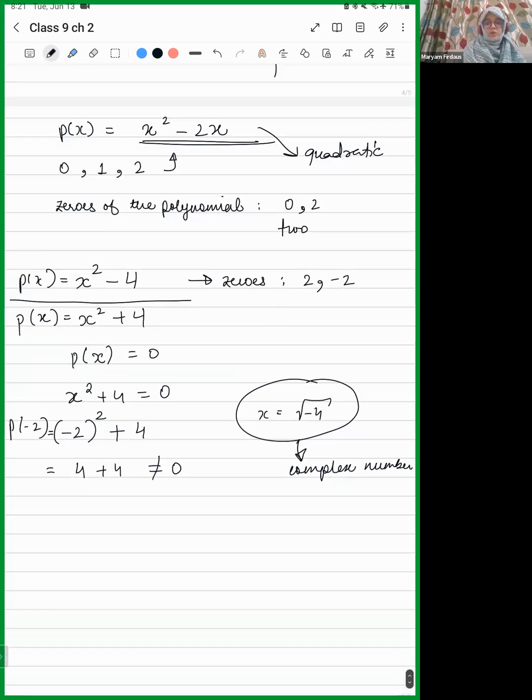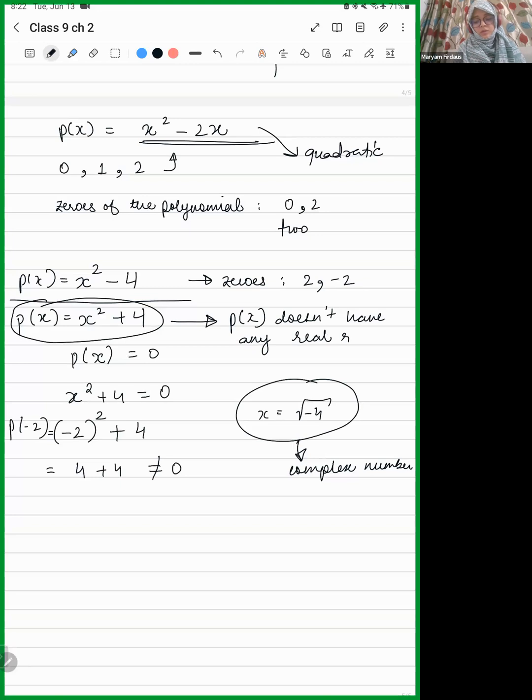So I just wanted to show you that it's not that this polynomial doesn't have any zeros. It might look like it doesn't, but it does have zeros which are complex numbers, though it doesn't have any real zeros. So we will say p of x doesn't have any real roots or real zeros.